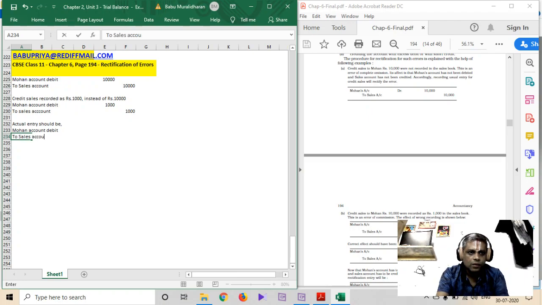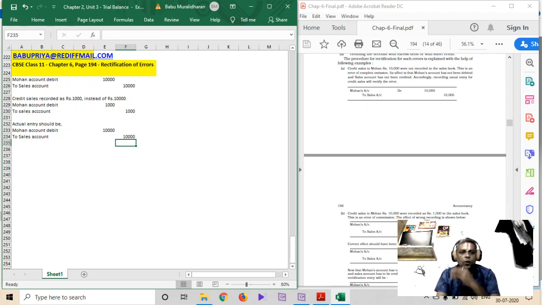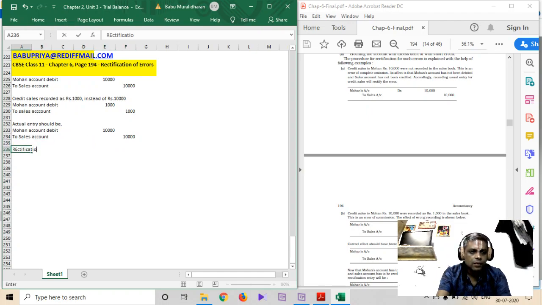So what should be the rectification entry? We have to debit Mohan account to sales account with the difference of 10,000 minus 1,000.